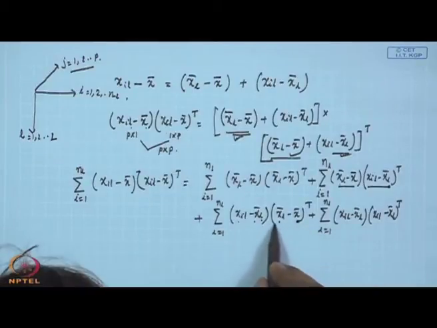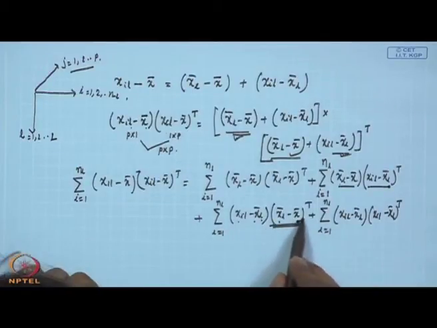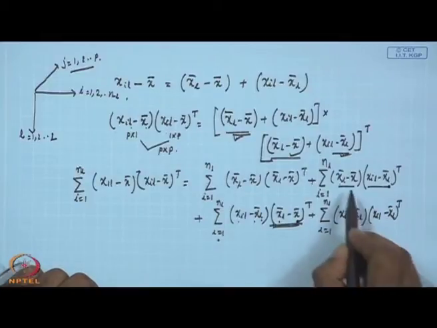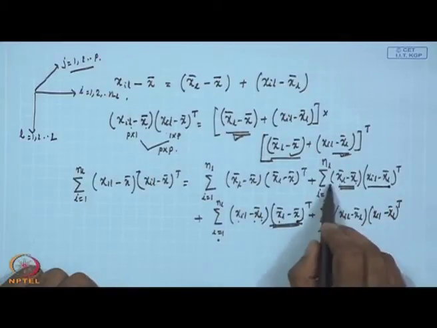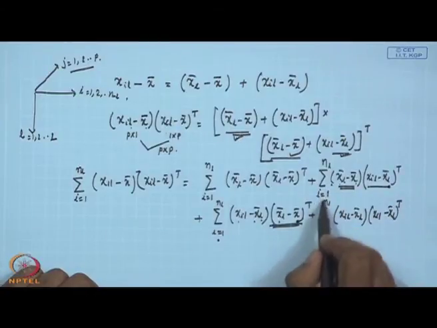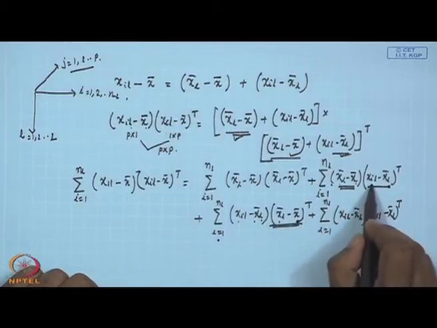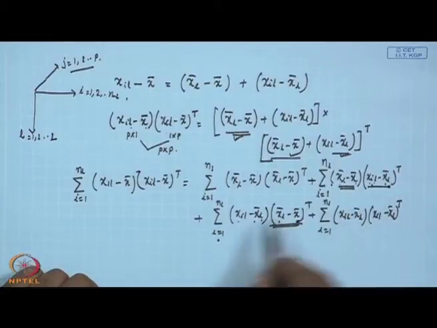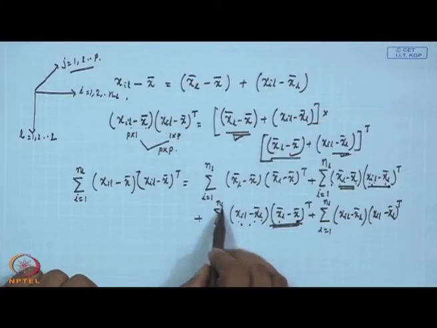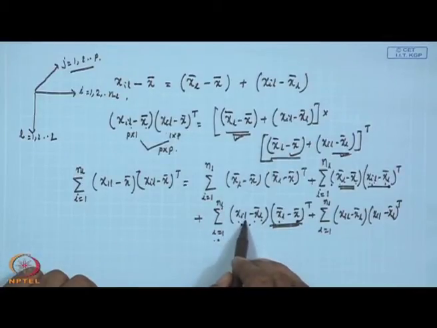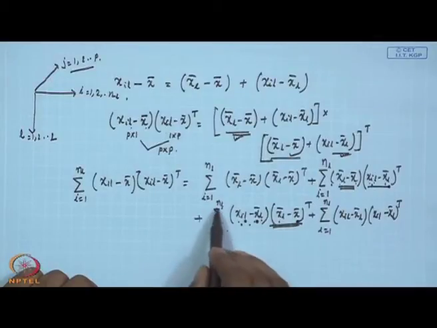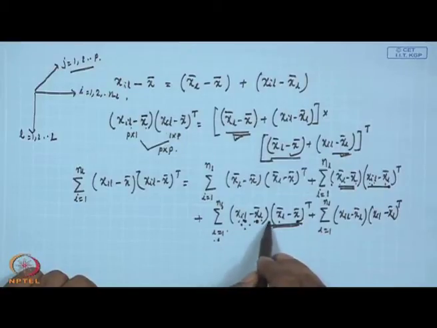So, this value x_l bar minus x bar is independent of i. Similarly, here x_l bar minus x bar is independent of i. So, the summation over i is affected only in the x_il minus x_l bar term. Sum over i equal to 1 to n_l of x_il is nothing but n_l x_l bar.